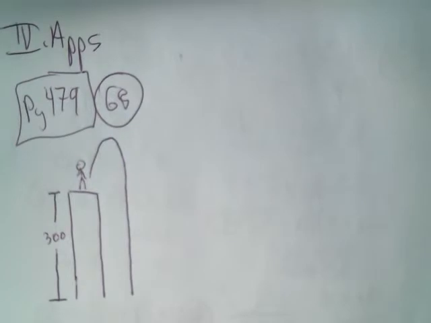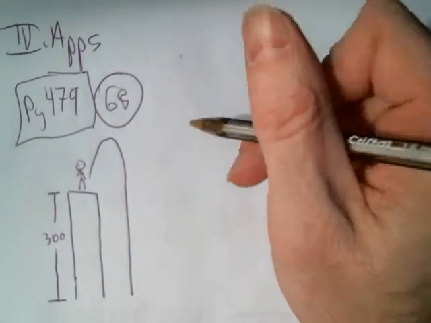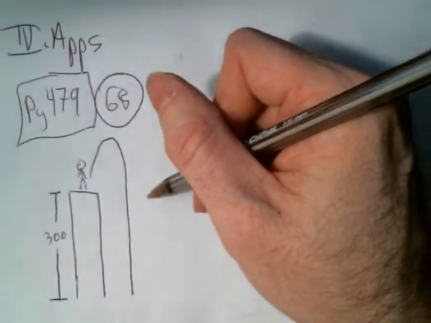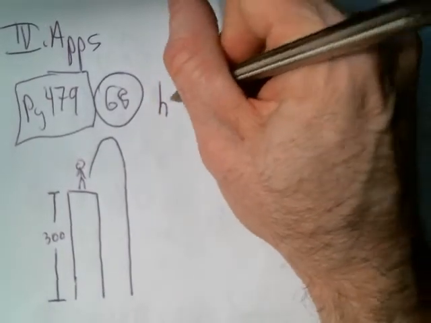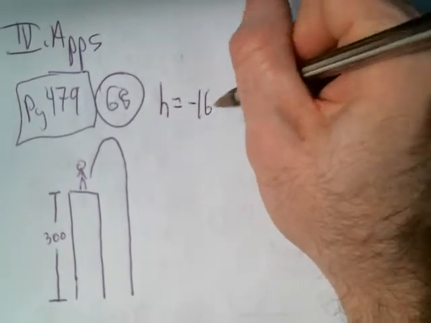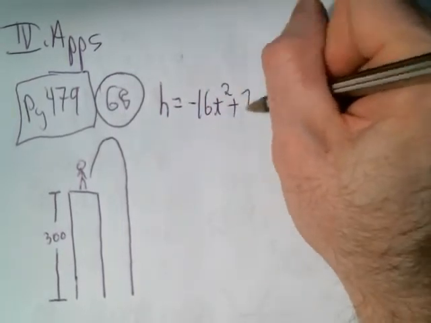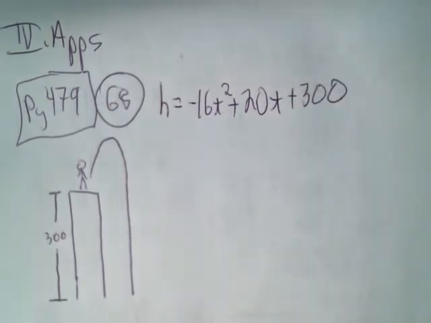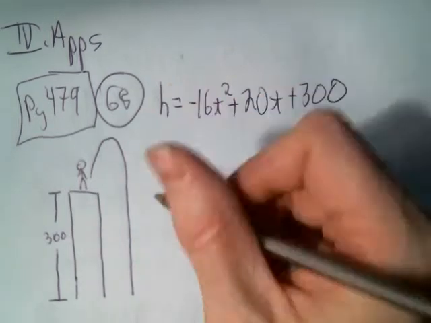Then they give you an equation that tells you the height given a time. The equation is h equals negative 16t squared plus 20t plus 300. They want to know some answers associated with this problem. In particular, when will the ball's height be 304 feet?